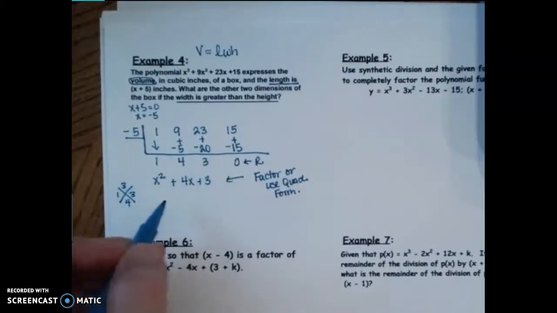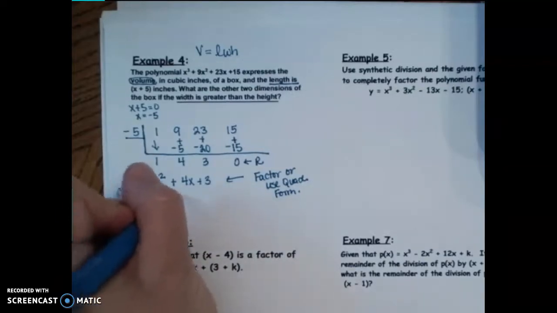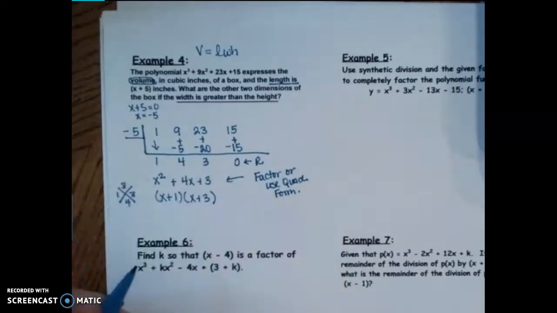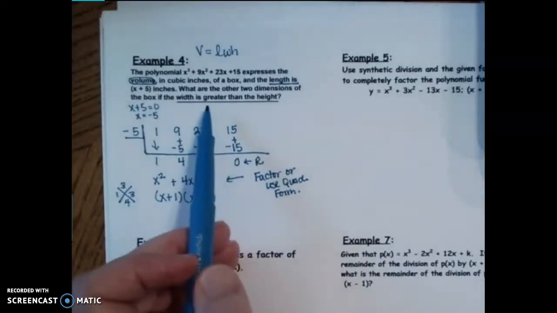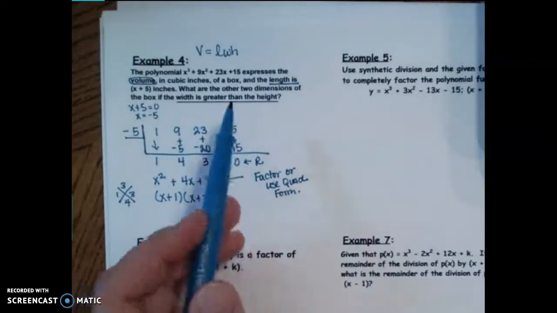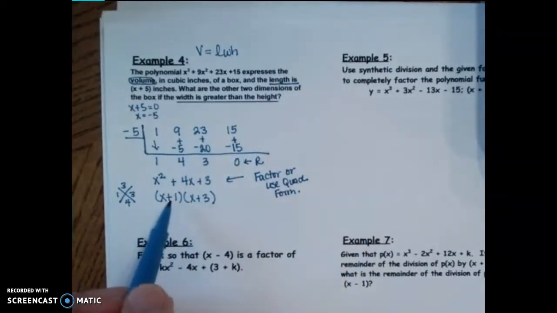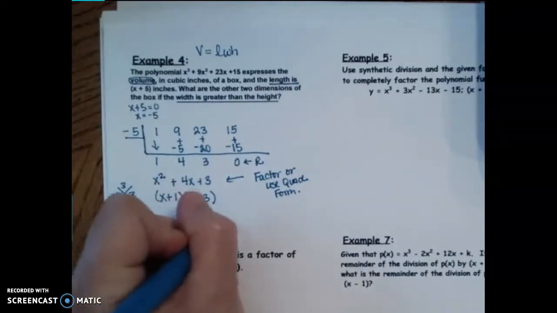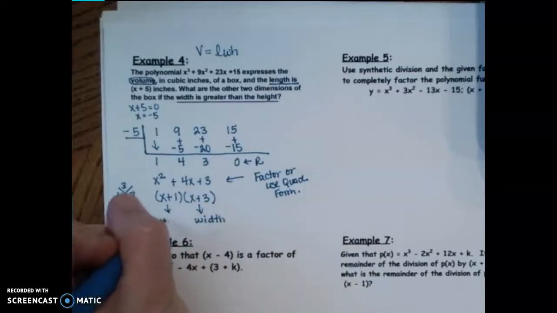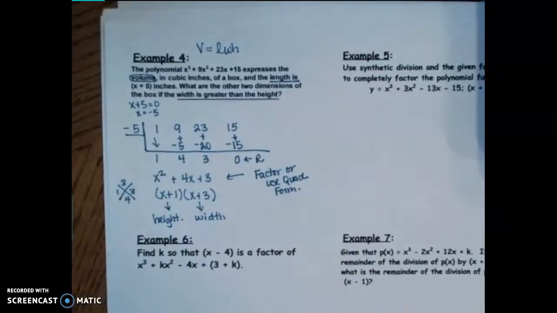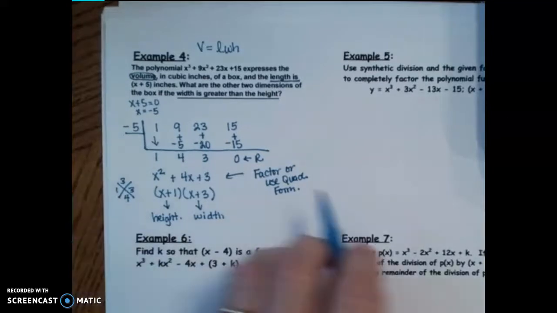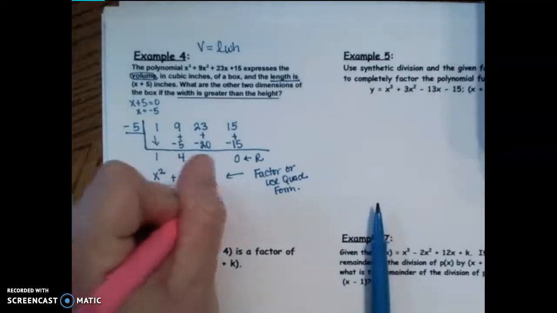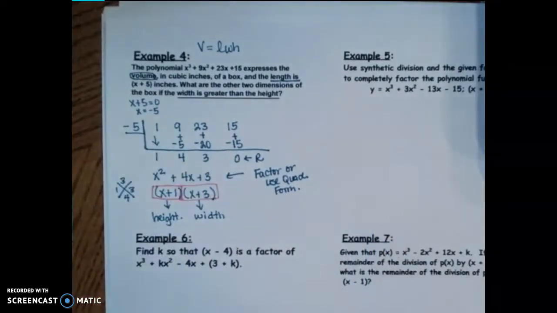Because A is 1, you can do your shortcut here, so we can factor this into x plus 1, x plus 3. And then you need to go back to this underlined part. The width is greater than the height. Well, x plus 3 is going to be more than x plus 1. So this will be our width, and this will be our height. So there's your two parts.